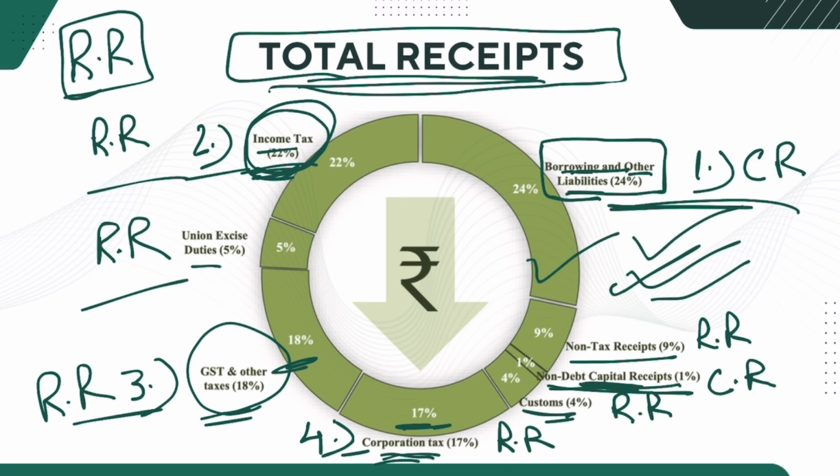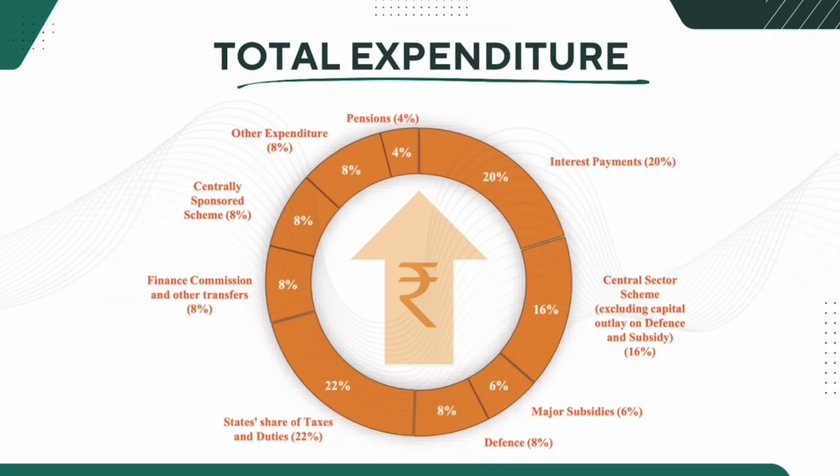Now, this is all about total receipts. Now let's talk about total expenditure. So the number one expenditure of Government of India is state share of taxes and duties. The central government collects a lot of money through taxes.